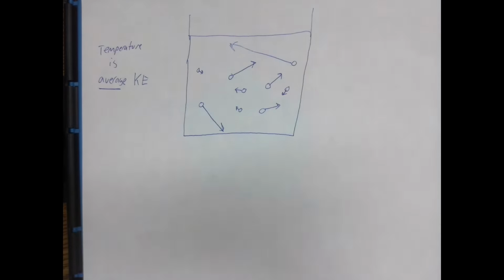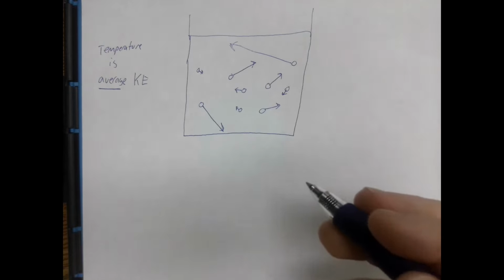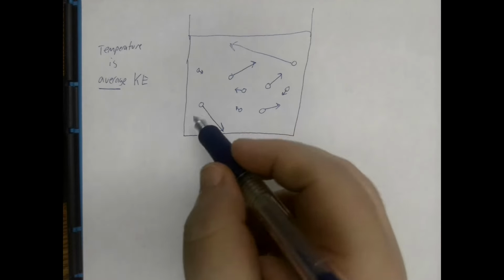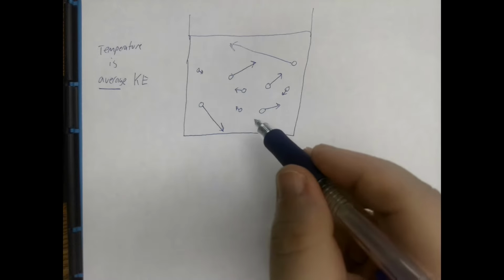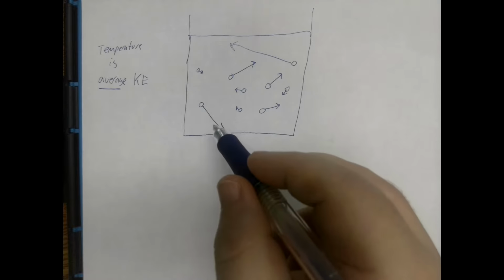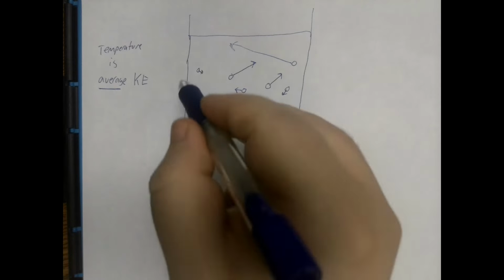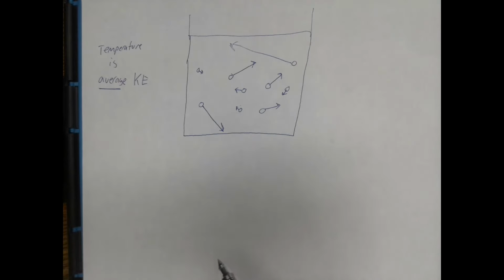The length of the line here is me trying to allocate the speed. So the temperature of this liquid is the average kinetic energy of all the particles. They all have wildly different speeds.